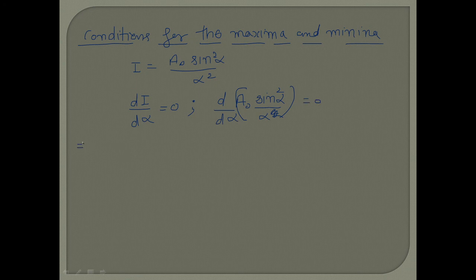By the differentiation, we get A naught square, the alpha square as it is, 2 sine alpha cos alpha, minus the differentiation of lower term 2 alpha, upper term as it is.